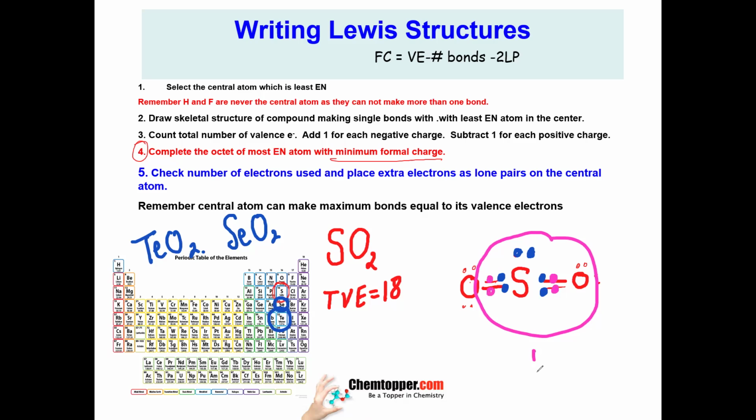Now check. 10. You were just counting the blue ones, but they are the ones I was counting for calculating the formal charge: sulfur has given 6, how many has it used. But when I say total electrons around sulfur, then you are going to count the bond pairs and the lone pair. Yes.